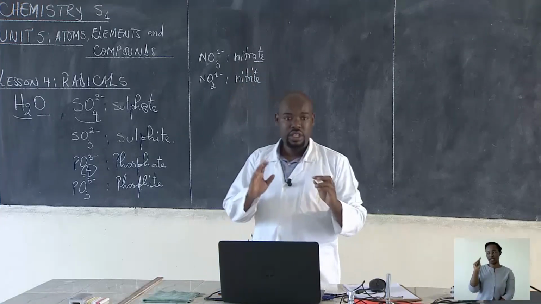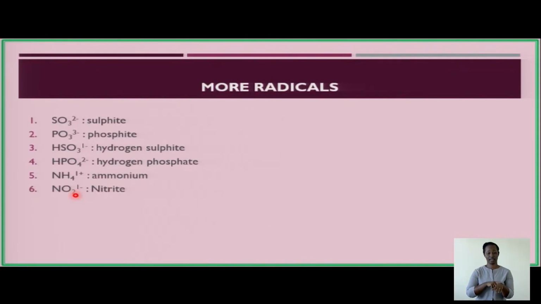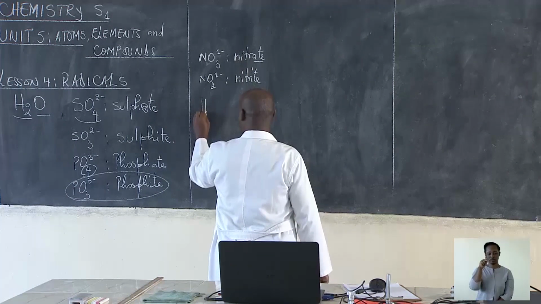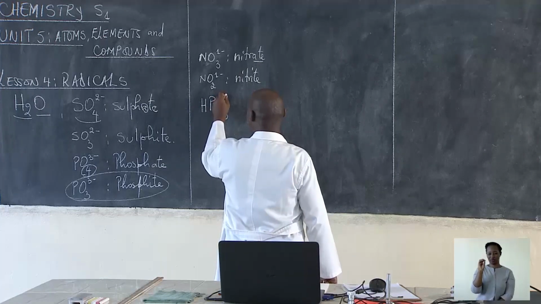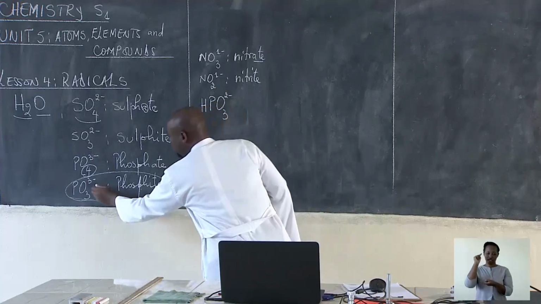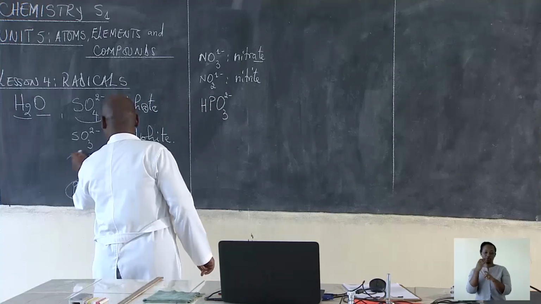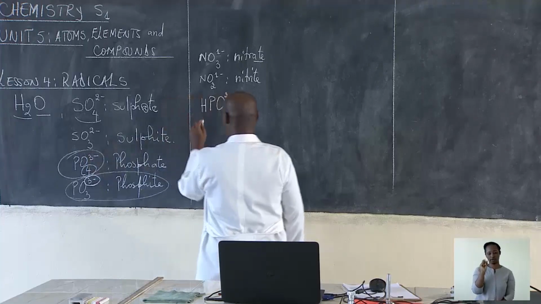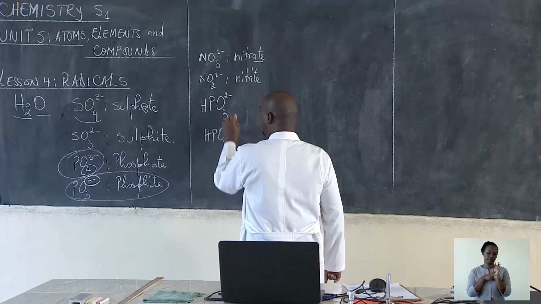Okay? The nitrate. And every time, if you consider, for example, this phosphite, if you add a hydrogen to become like this, then the charge reduces by 1. So we get 2 negative from the 3 negative we had here. If we do it on this one, the phosphate, it will also be 2 negative, HPO4 2 negative.